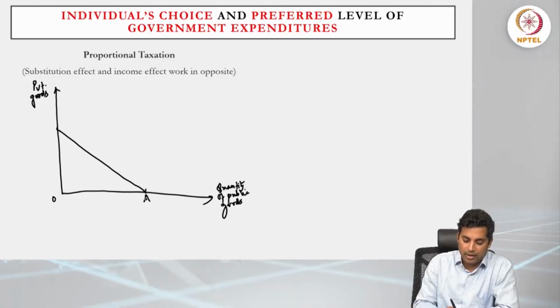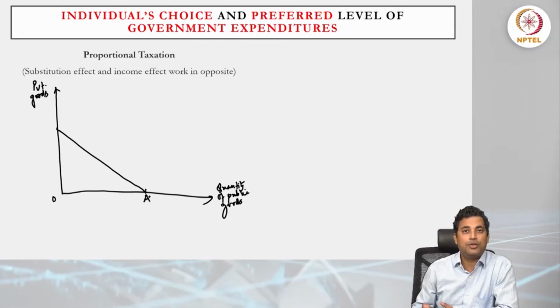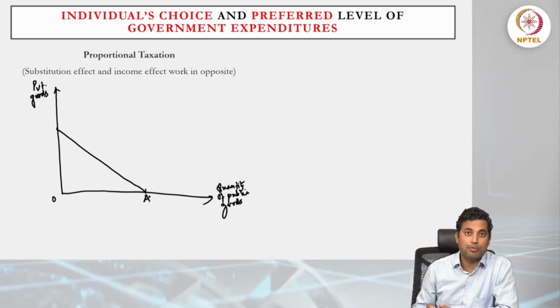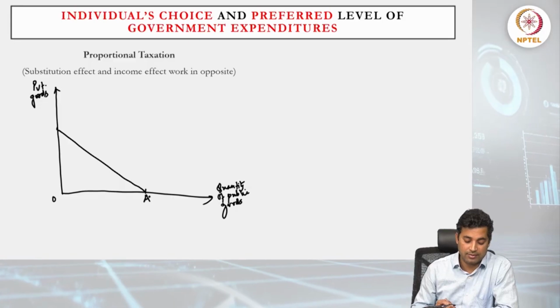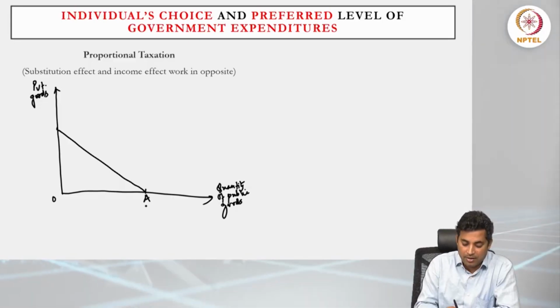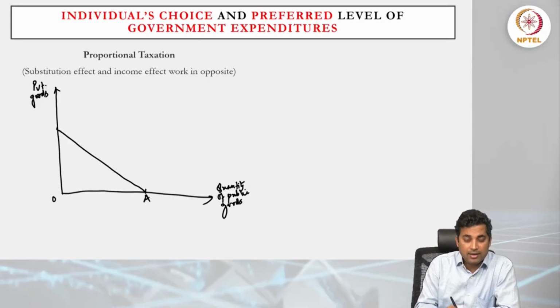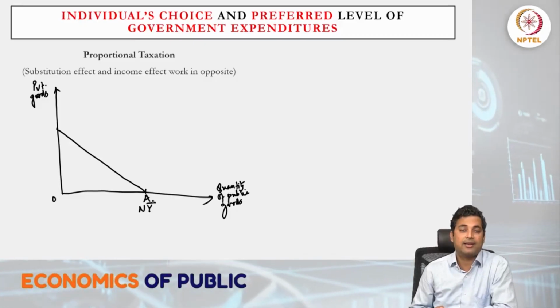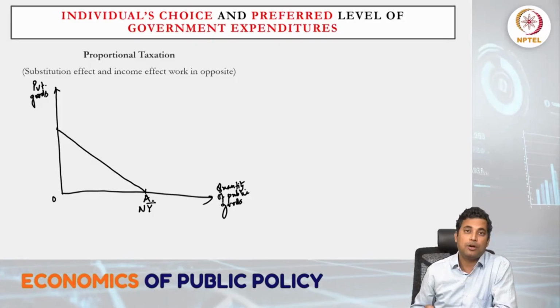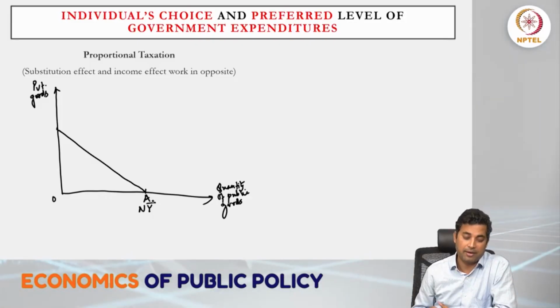Say OA is the total amount of output that they get from the economy, and OA is basically total output, which we measure in terms of average income Y bar.